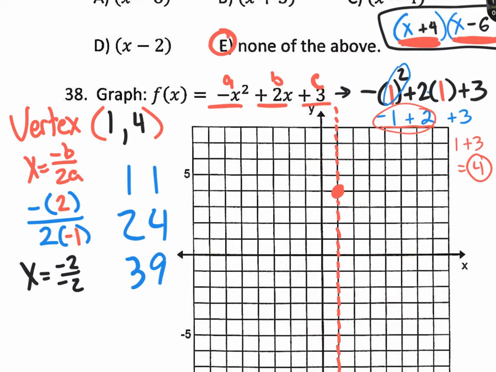And the negative sign in front of the 1 is telling you that it's opening down. So with the pattern, you're going to go 1 over 1 down, and let's put a dot right there. And then you go back to the vertex, and you go 2 over 1, 2, 3, 4 down, and put a dot right there. Then you go back to the vertex and go for the last one, 3, 9. 1, 2, 3, 4, 5, 6, 7, 8, 9, and let's put a dot right there.